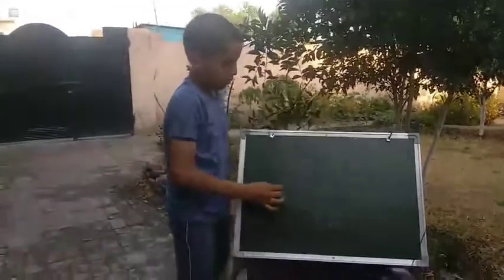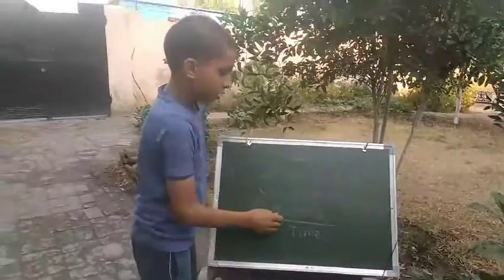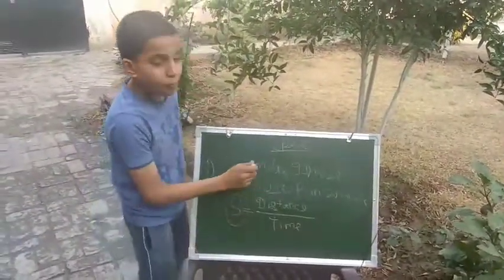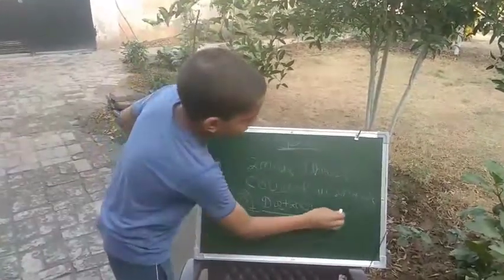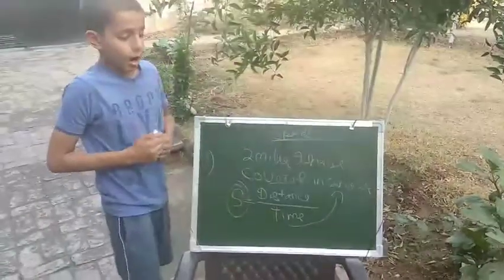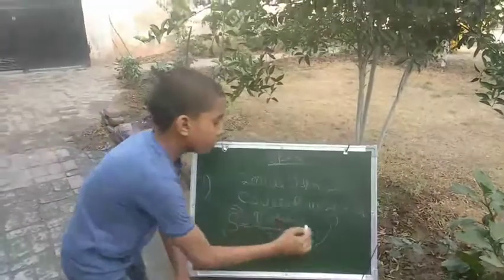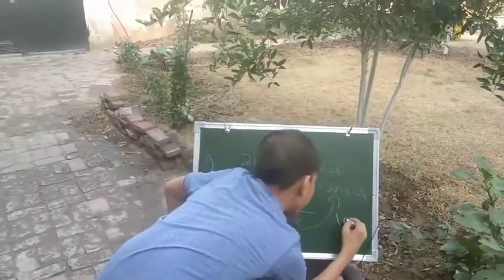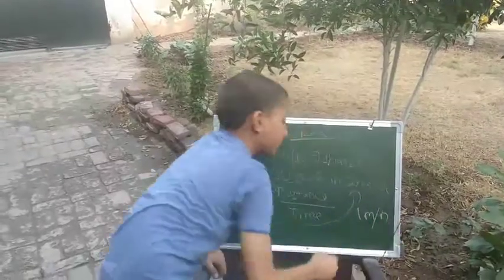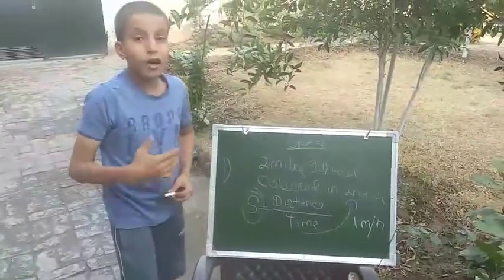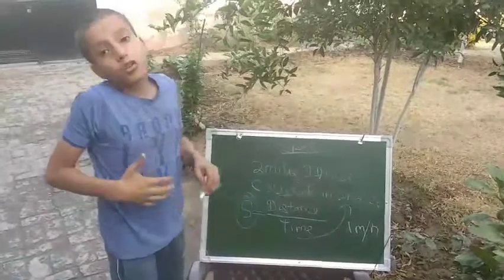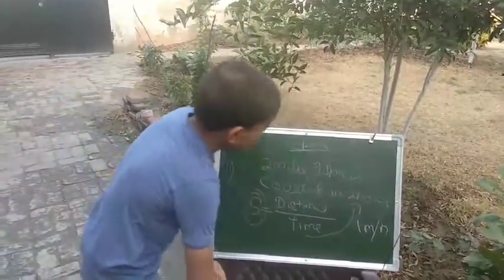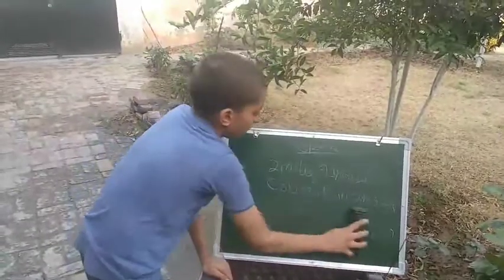S means our speed, and distance means the path that I have covered, meaning 2 miles, and in which time? 2 hours. So I get 1, it means 1 hour. So I have covered 1 mile in 1 hour, and I have completed 2 miles in 2 hours. It's too simple.